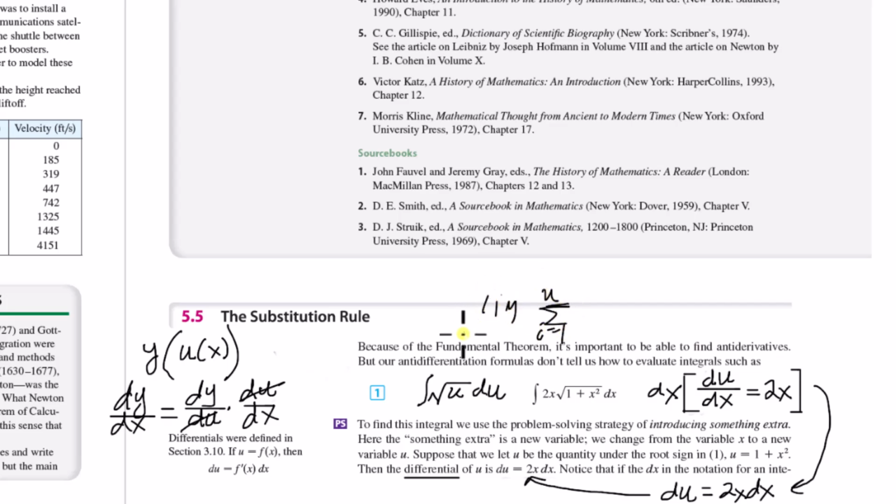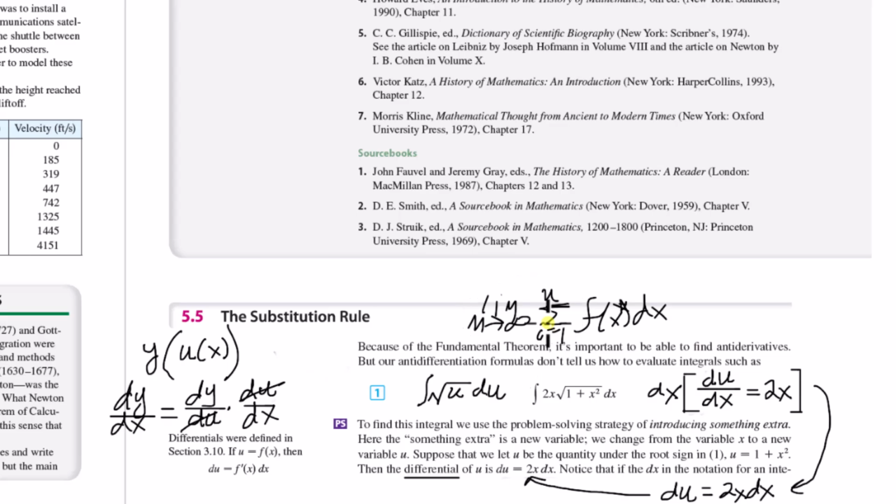But in the definite integral, this S symbol came from the infinite summing. The limit as n goes to infinity of the sum of f of x star times delta x, this is where the S symbol came from. The S symbol replaces the infinite sum.